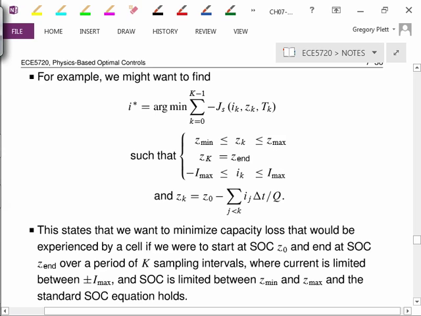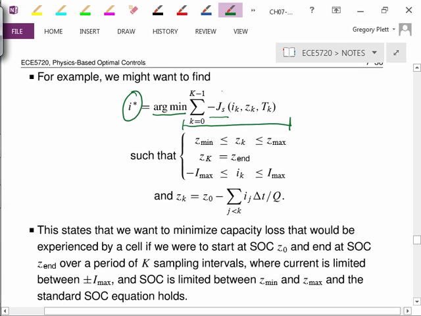This might be a more natural way for us to express the problem we're thinking about. We might say, I want to find the optimum vector of current versus time, I star, which is the thing that minimizes this overall cost, which is the sum from the time index k equals 0 up to capital K minus 1 of the side reaction.